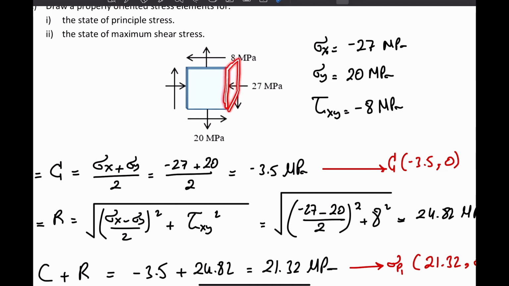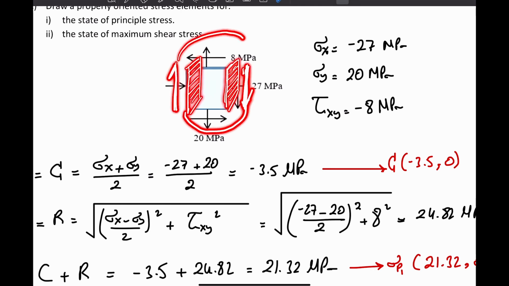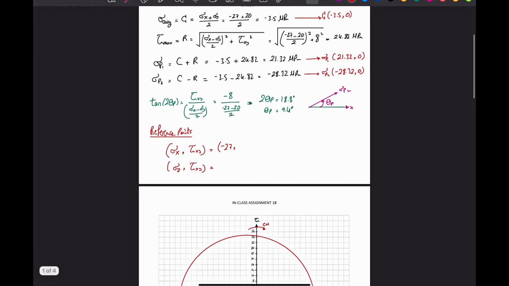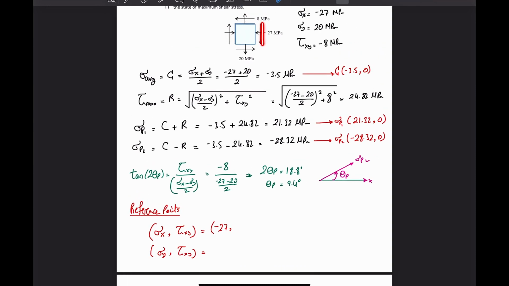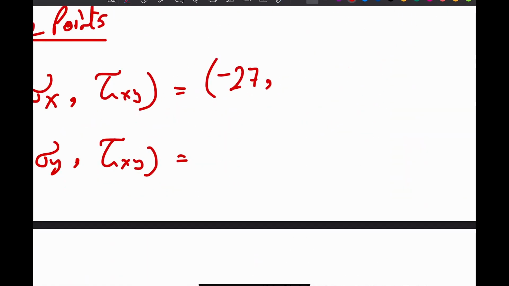I only look at those two shear arrows. The shear is trying to rotate the x face in the clockwise direction. So tau is 8, and I'm going to write 8 and next to it, clockwise.